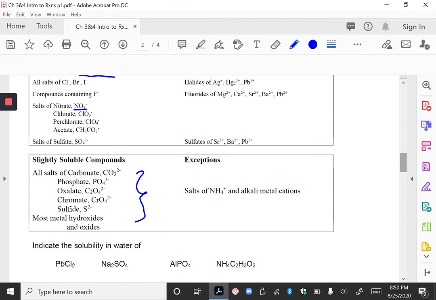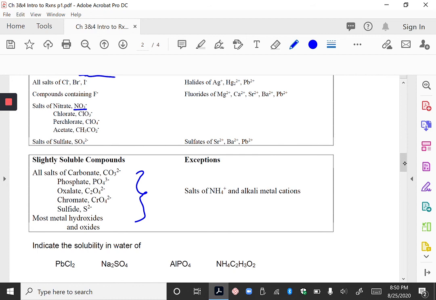So PbCl2. Let's look through to see if we can find anything about lead. I don't see anything about lead much here, except for this and this. Oh, and this. So let's see, chlorides. This is a chloride.